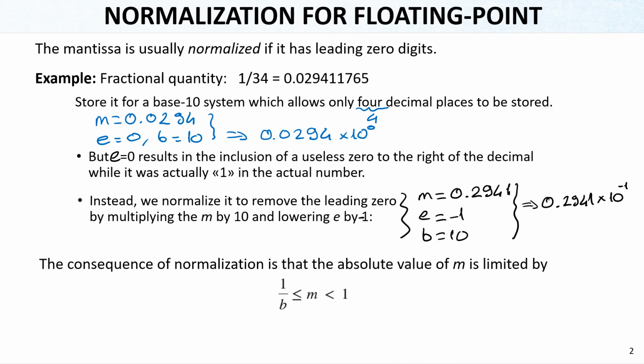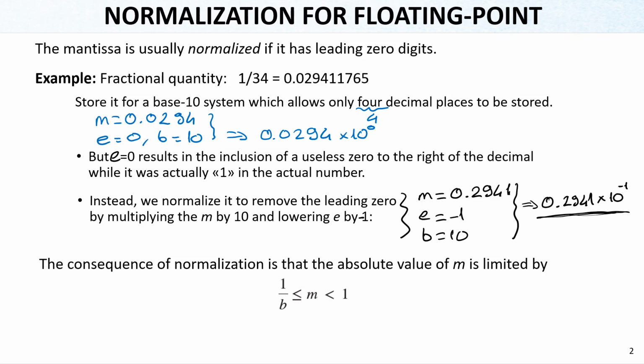As you can see, with the demonstration of this, we maximized our representation of a number. And this normalization gives us actually a range for the m values. You can see here at the bottom, with 1 divided by b, and m should be greater than that and should be smaller than 1.